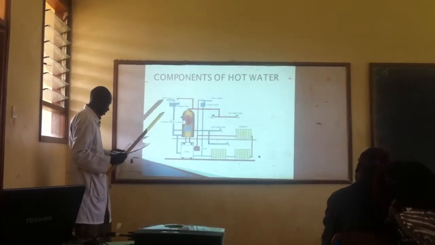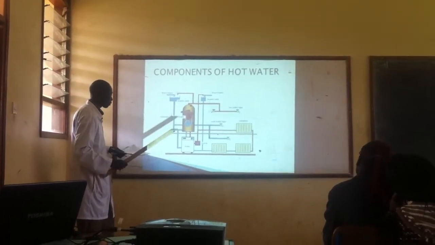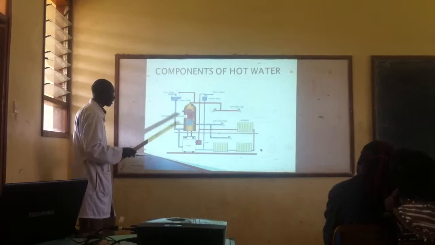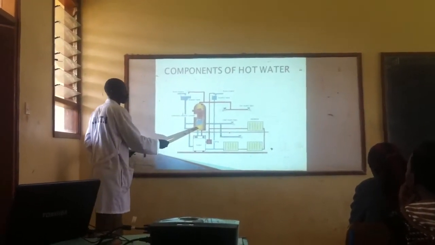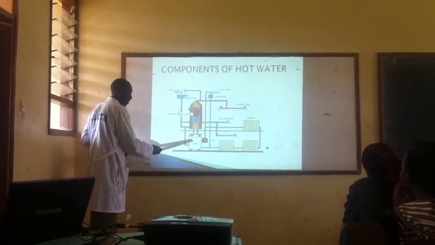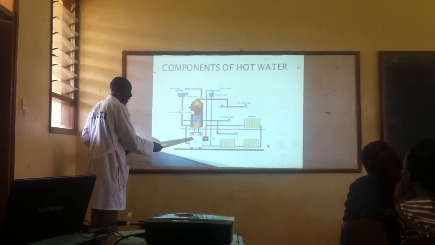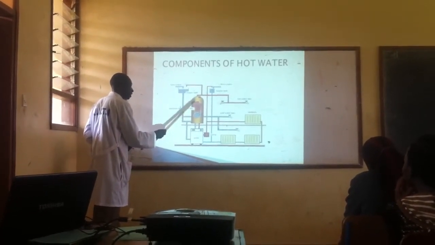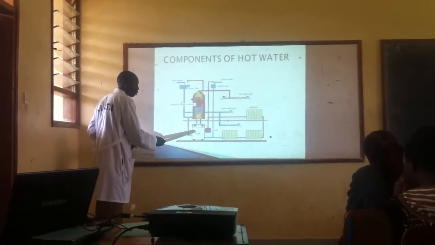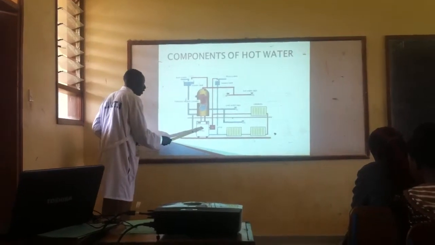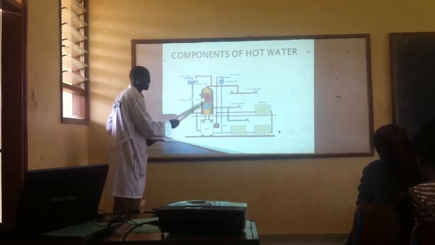I get it. Now, primary return and primary flow. We say the primary return is that one which takes water from the hot water cylinder to the boiler. Then the primary flow takes water from the boiler to the hot water cylinder.